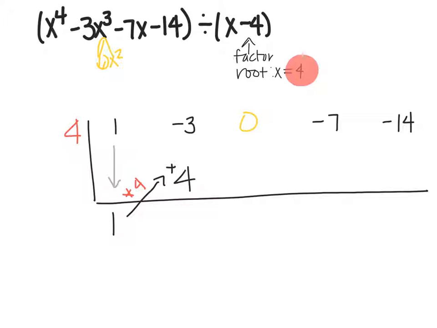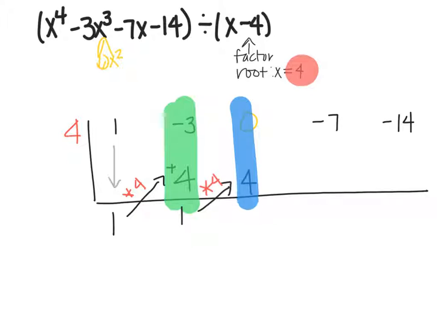Now I'm going to combine these two numbers, and negative 3 plus 4 is going to give me positive 1. Then I'm going to repeat the process and multiply 1 times 4. And 1 times 4 again is 4. So now I'm going to combine these two numbers, and 0 plus 4 is going to give me 4.